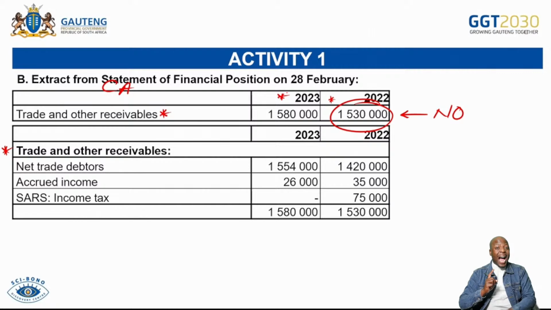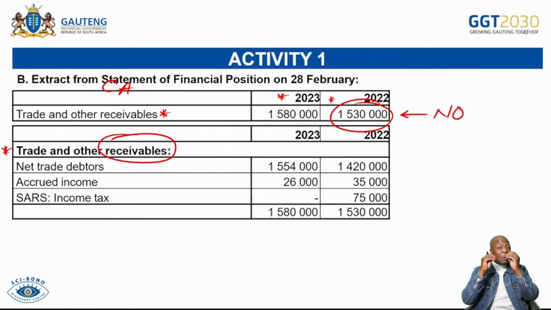Why? Because there are certain aspects that can be part of receivables that we will not consider in the increase or the decrease, because they must be recorded separately on the face of the cash flow. You didn't get me there? Okay, I'll say it again.